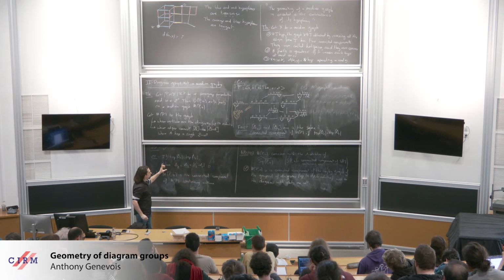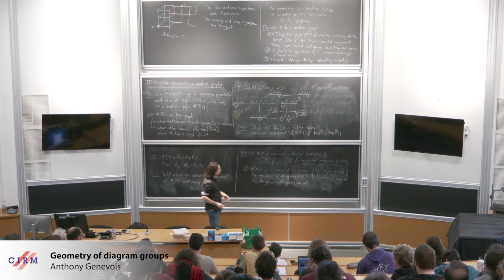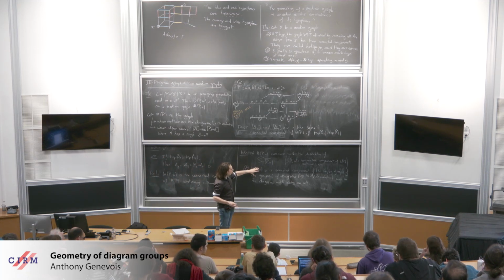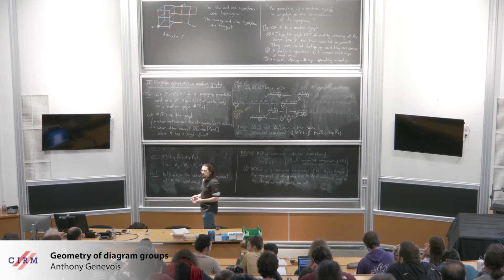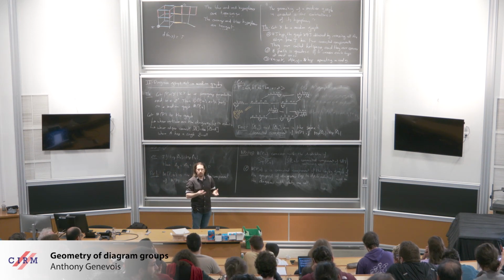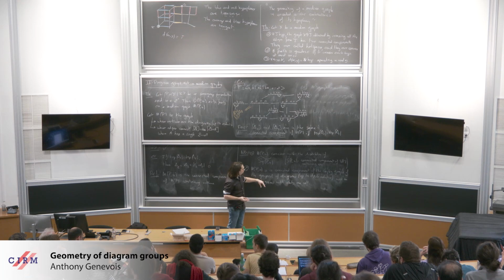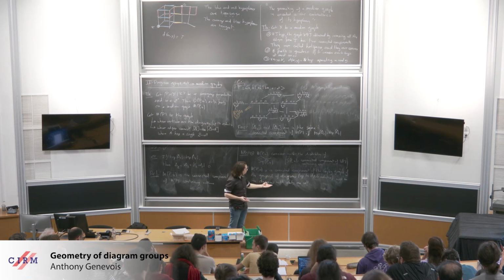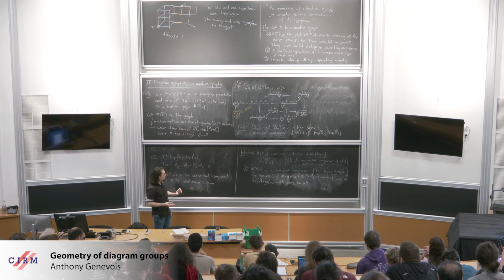For groups I have a group, so I have a Cayley graph and everything is fine. In this case, I do not have a group, but I have something really close. I have a groupoid, which essentially means that I have a product, I have inverses, I have neutral elements, but the product is not always well defined. That's the only difference between a groupoid and a group. Otherwise, everything makes sense. So I have a generating set, which is just a set of diagrams with only one cell.